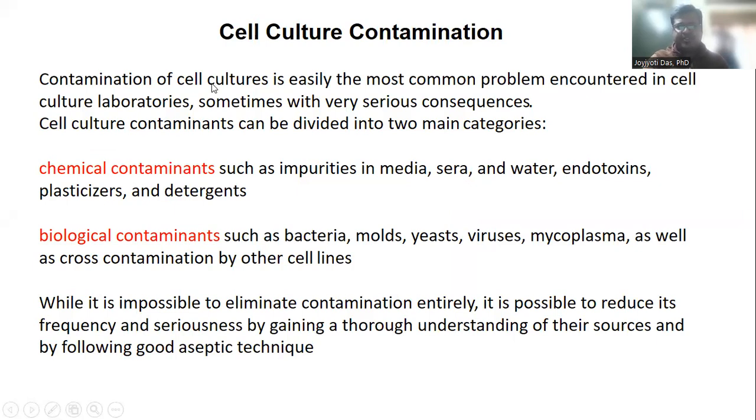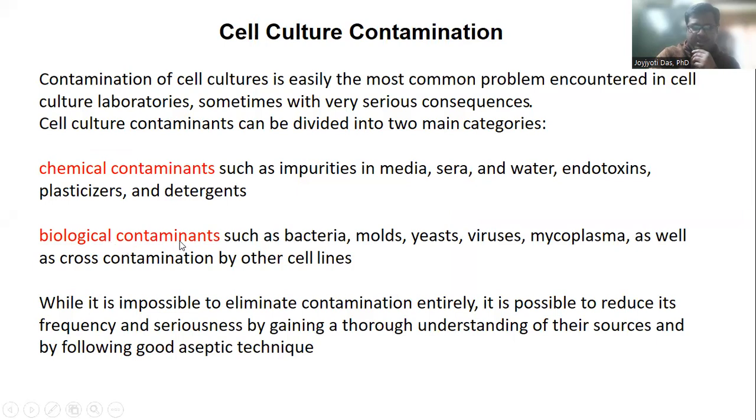So now we come to the last part of our lecture, wherein we are going to discuss common cell culture contamination. They may be of two types, either chemical contamination or biological contamination. Chemical contaminants such as impurities in media, sera, and water, endotoxins, plasticizers, and detergents, all such materials can serve as chemical contaminants in your media, and you need to be very careful while handling your media.